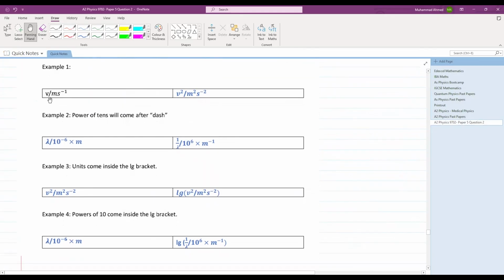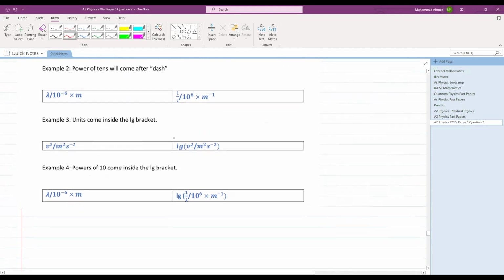So if you are given the velocity, let's say velocity slash ms minus 1, you have to mark the units of velocity square. What will you do? Velocity square slash meter will also get a square, and second minus 1 will also get a square, s minus 2. Perfect. Let's say you are given the units of lambda slash 10 raised to the power of minus 6 into meters.